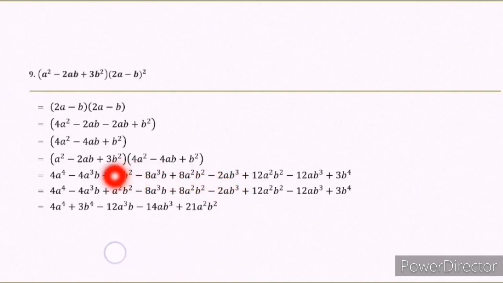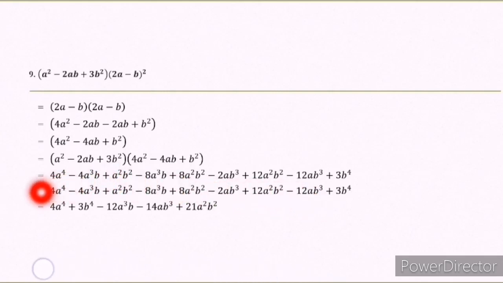Then 3b squared times 4a squared is equal to 12a squared b squared. 3b squared times 4ab is equal to 12ab cubed. 3b squared times b squared is equal to 3b raised to 4.